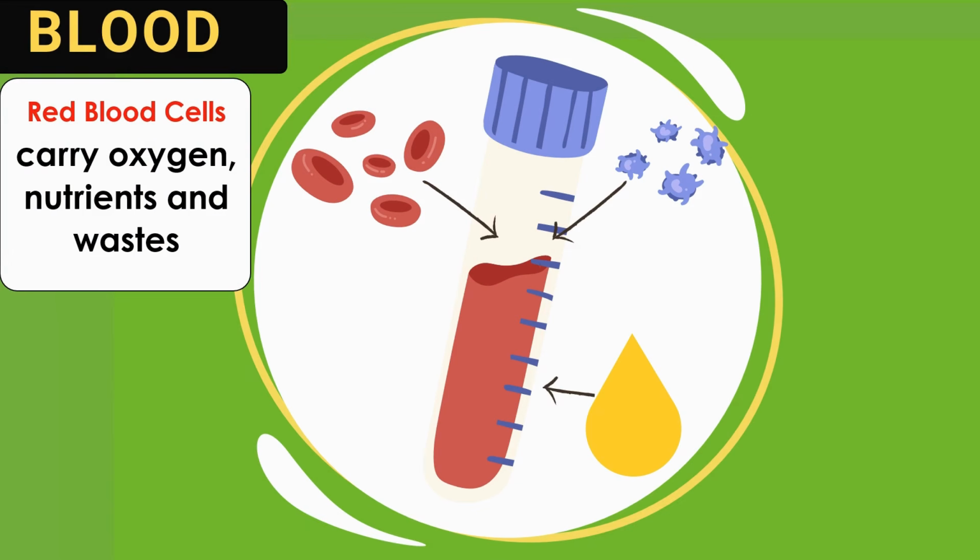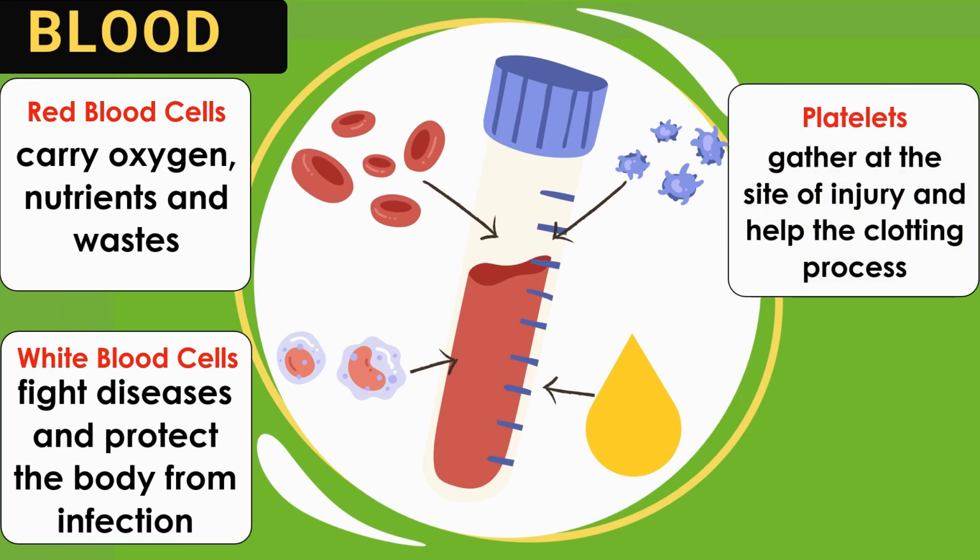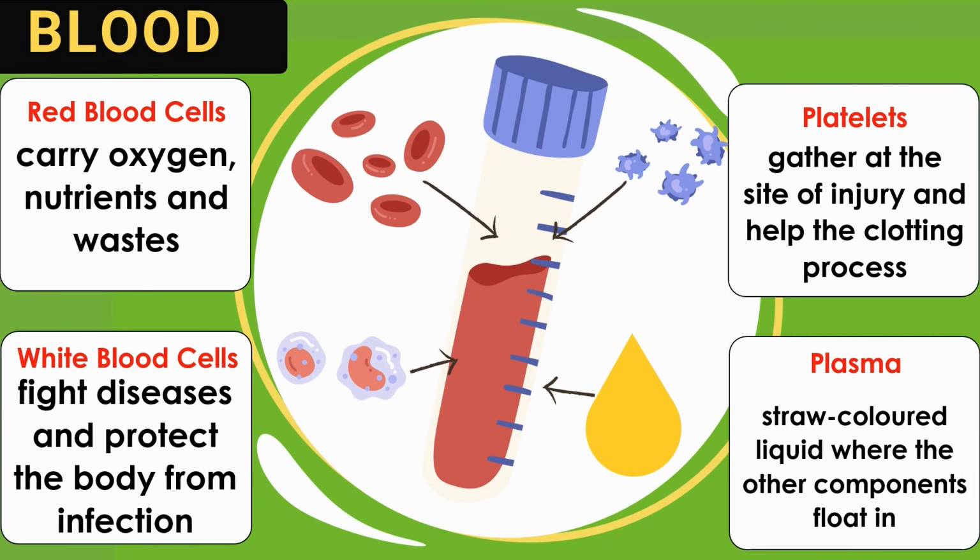First is red blood cells, carry oxygen, nutrients, and waste. Second is white blood cells, fight diseases and protect the body from infection. Third is platelets, gather at the site of injury and help the clotting process. And fourth is plasma, straw-colored liquid where the other components float in.